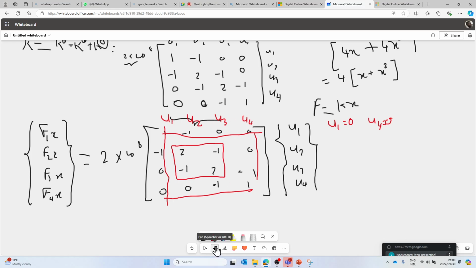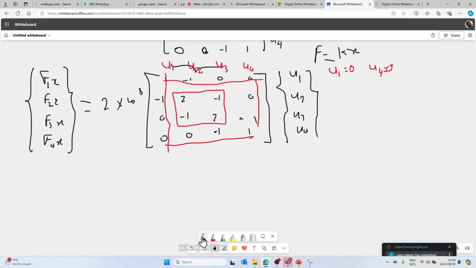So what does that mean? Your equation will change. What are you going to be dealing with? Only F2x and then F3x, which is what? 2 times 10 to the 8. Now, what are our unknowns?